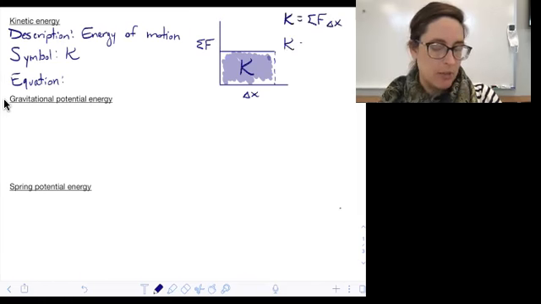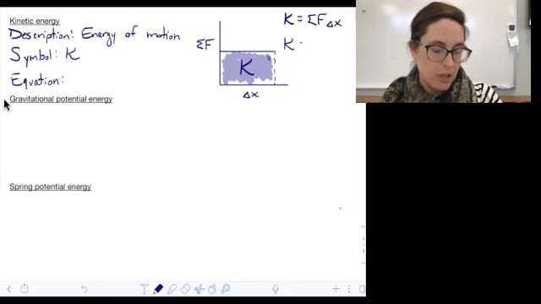And we're going to try to simplify that a little bit. In Newton's second law, we know that F net is the same as ma. So we could write this area as ma delta x. And this a and delta x, those are both kinematics terms.